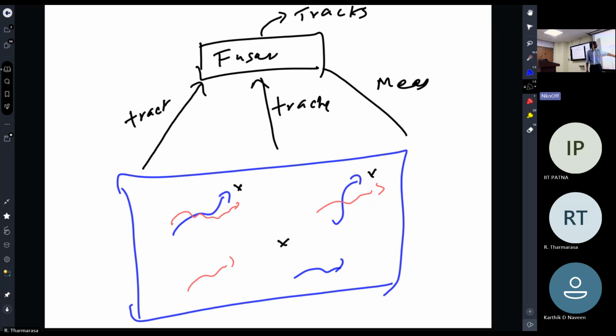One source says the track is here, another says the track is here, and another says here. The red one is from one source, the black one from another, and the blue one from another. Now, how do you make use of that? You can't make a decision with all these. Somehow you have to fuse and get the final output.